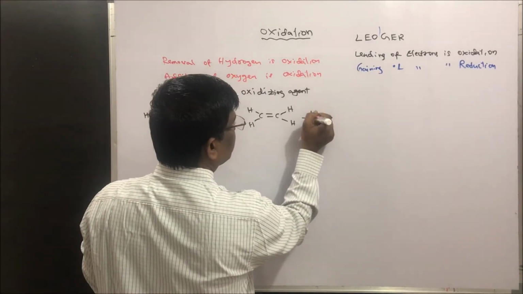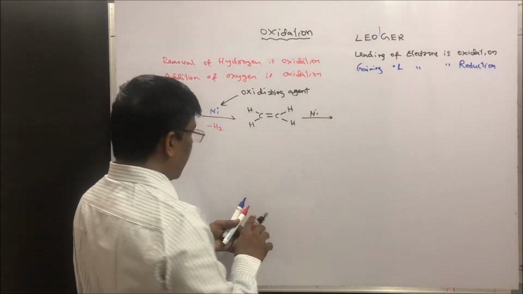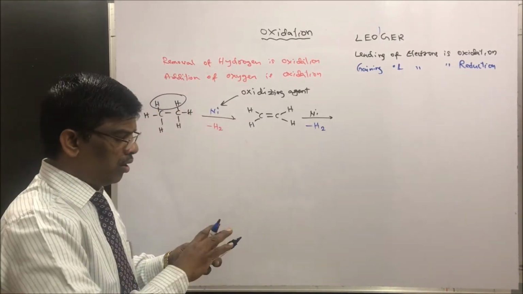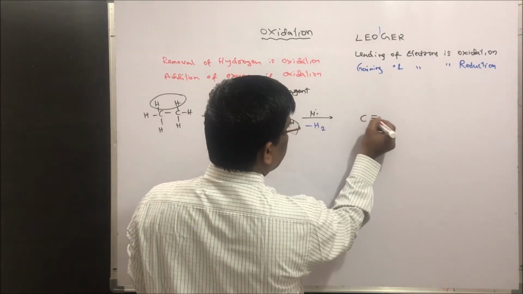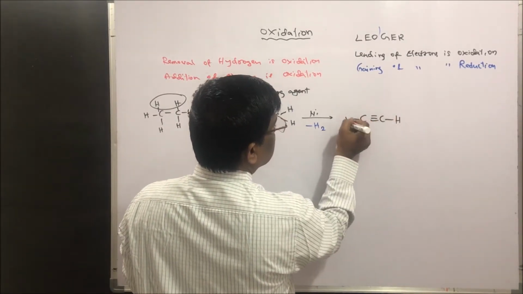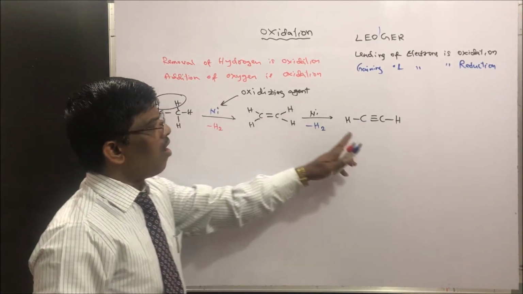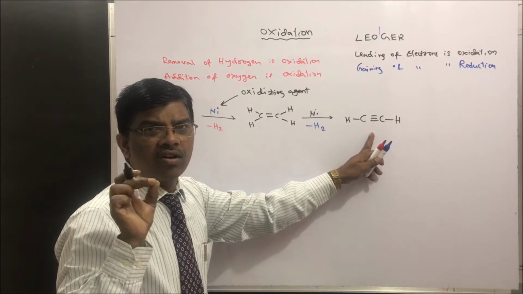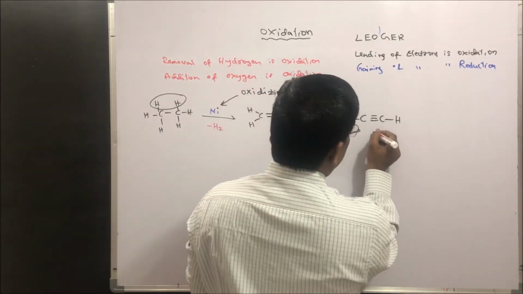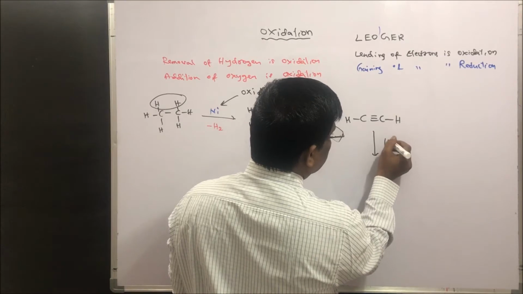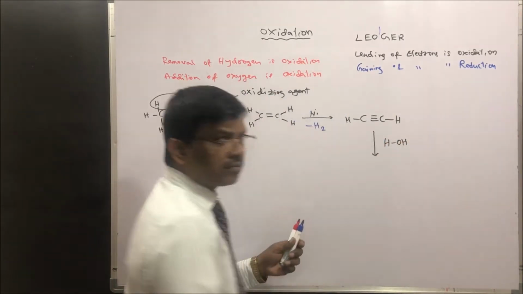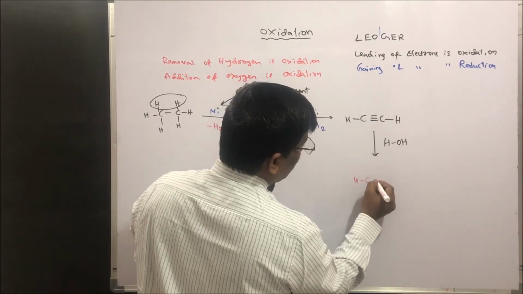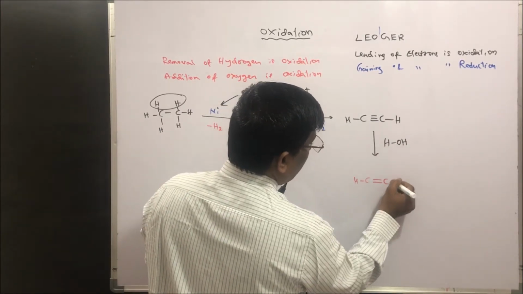Further, if I treat it with the same nickel, it is going to lose another hydrogen molecule to give acetylene. This is acetylene. It is also oxidized. Ethylene to acetylene is an oxidation reaction. This acetylene, upon oxidation using water, is going to give vinyl alcohol.